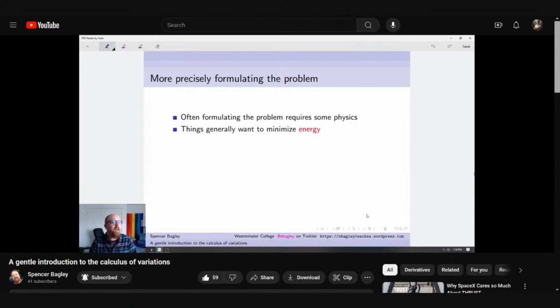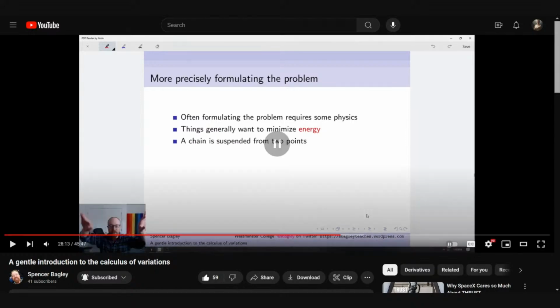The operative thing here is that things generally in nature want to minimize their energy. And the particular kind of energy that we're interested in here is gravitational potential energy. If the chain is suspended from 2 points, the system would like to convert as much of the potential into kinetic as it can.